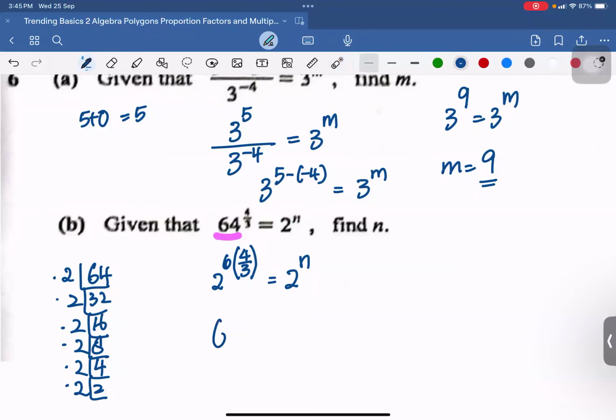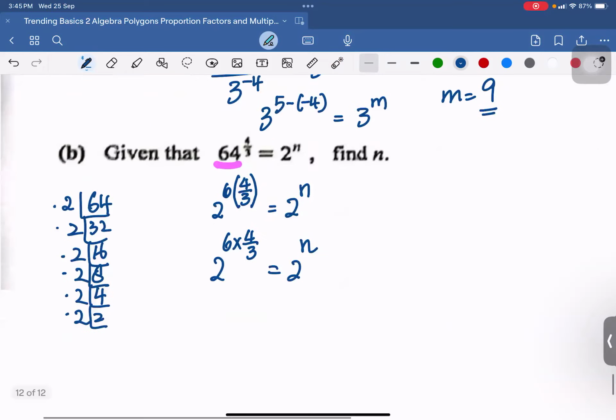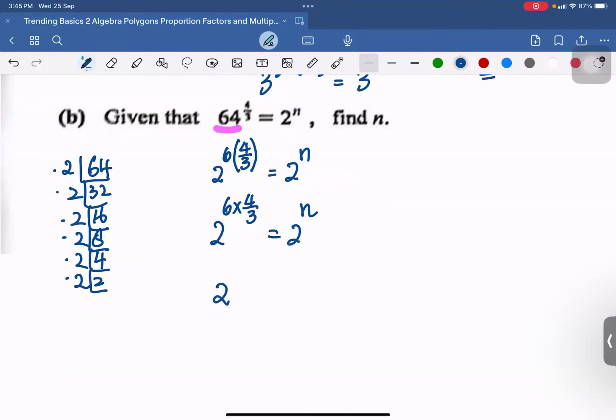Multiply. So 2 to the power of 6 times 4/3. Anyone with your calculator, please calculate. 6 times 4/3 is how much? 8. Okay, thank you. Therefore, the answer will become n equals the number 8.